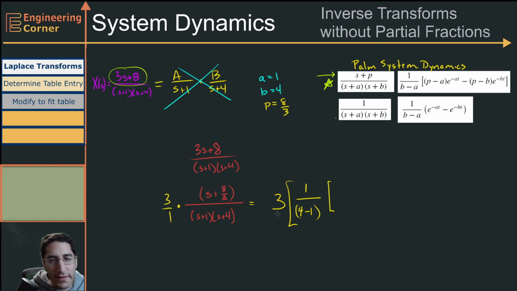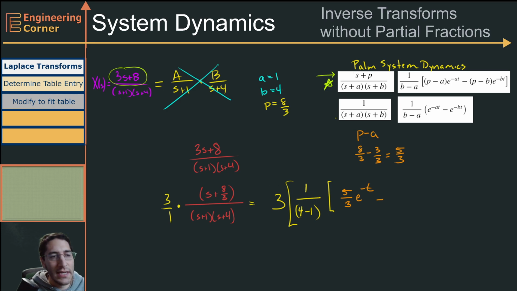Let's do this off to the side. If I have p minus a, this is going to be 8/3 minus a, which is 1. 1 can be rewritten as 3 over 3. So this is going to be 5/3. Okay, so this is going to be 5/3 e to the minus a t, so e to the minus 1t.